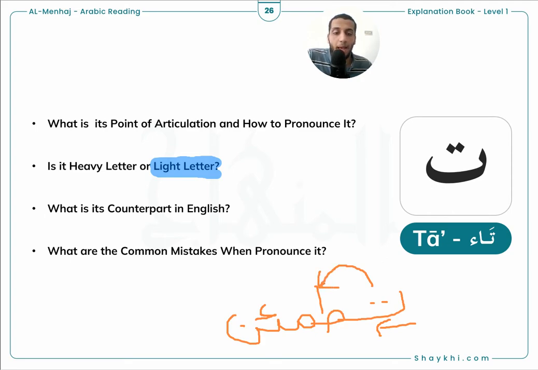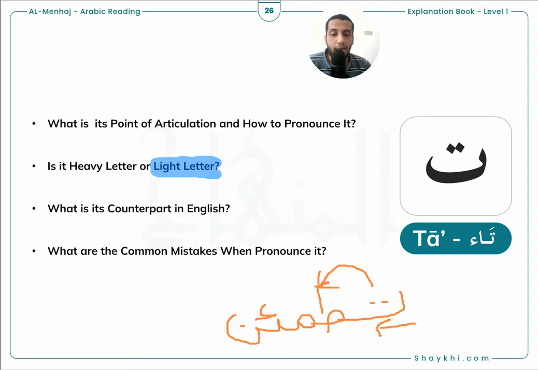So some people say letter T heavy because the letter after it is a heavy letter, and this is one of the common mistakes. So making a light letter heavy when the next letter is heavy, and making the heavy letter light when the letter after it is light. Here we have the first case.